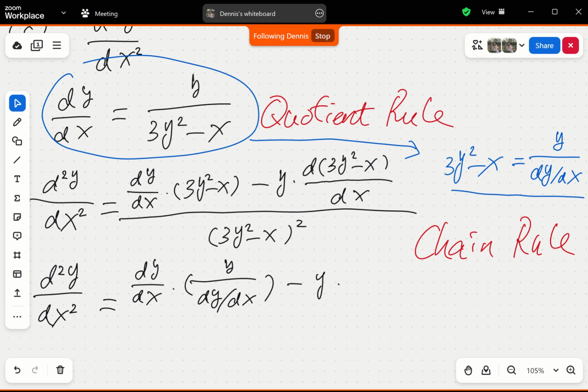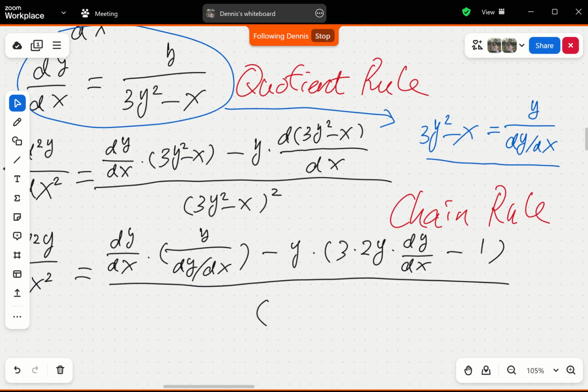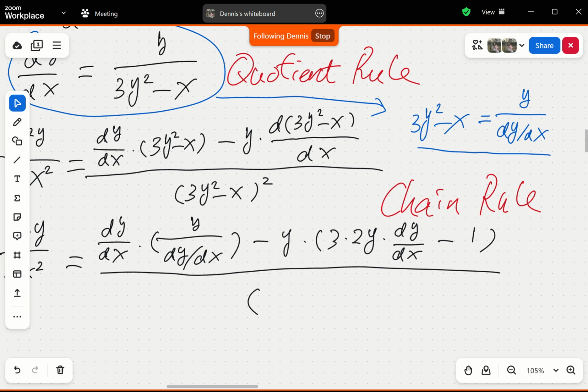So the derivative of this one is actually 3 times 2y times dy with respect to x minus the derivative of x with respect to x, which is just 1, over. We also substitute the denominator, the 3y squared minus x, with y over dy with respect to x, squared.